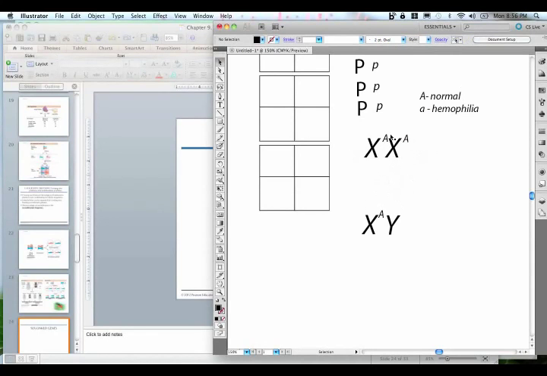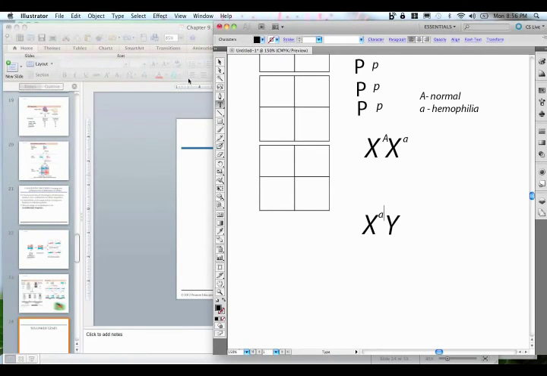So that's one scenario. Another scenario we can have for females is 1 big A, 1 little a, right? A heterozygote. You'll notice she's still normal because she has a big A. Now males, on the other hand, can't have a mixed bag. They cannot be heterozygous because they only have 1 copy of the gene.